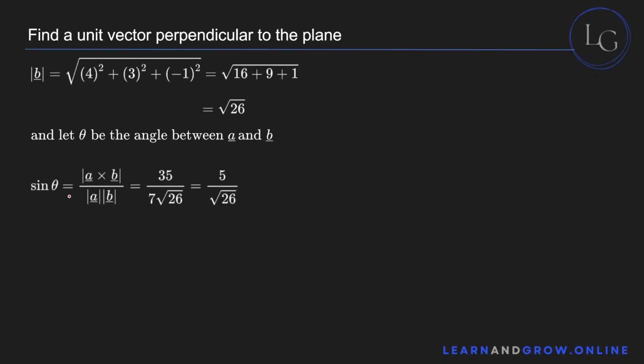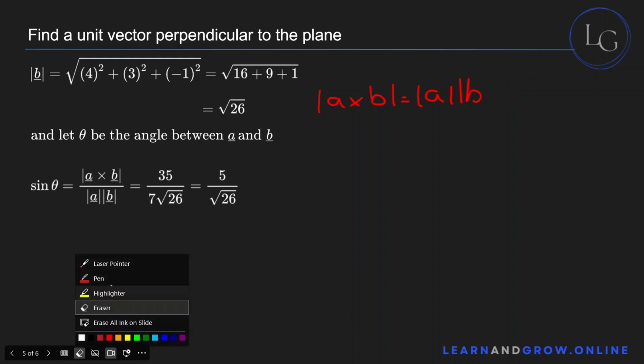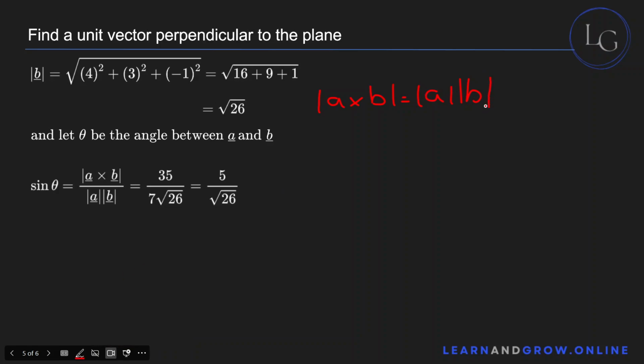So the magnitude of a cross b is equal to the magnitude of a into the magnitude of b into sine theta. And you remember this by the formula, which was that a cross b is equal to the magnitude of a into the magnitude of b into sine theta, right?